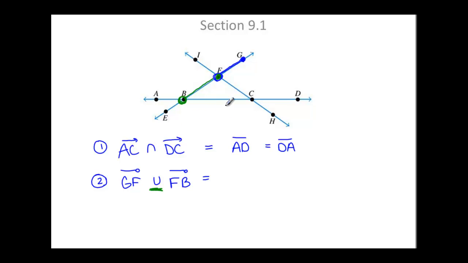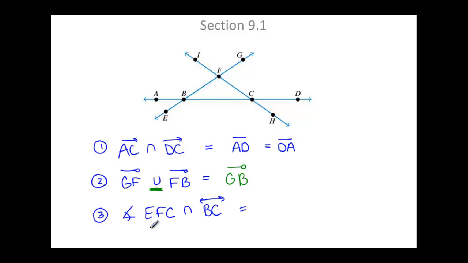We're uniting them. So the union of those two half-open line segments would begin at G. It would include G, however it would not include B. So we have as a result another half-open line segment GB.